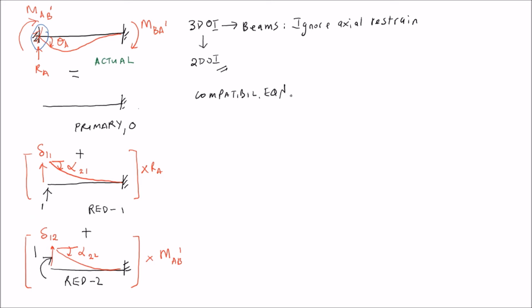So then what we do is we write down the compatibility equation. If you can still recall, the compatibility equation is the equation of the displacement condition. The first displacement, because you have a reaction, let's call it delta A. Delta A, the actual system, equals the primary system, which is delta 1, plus delta 11 RA plus delta 12 MAB prime.